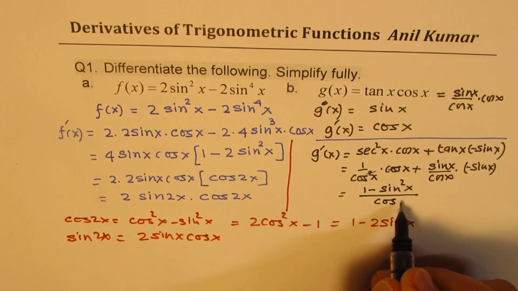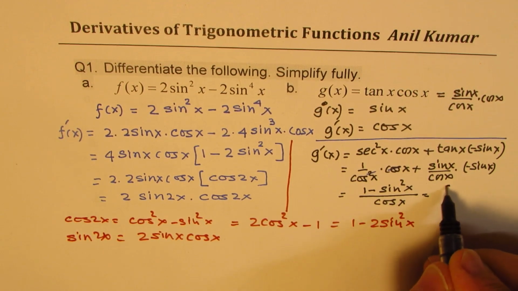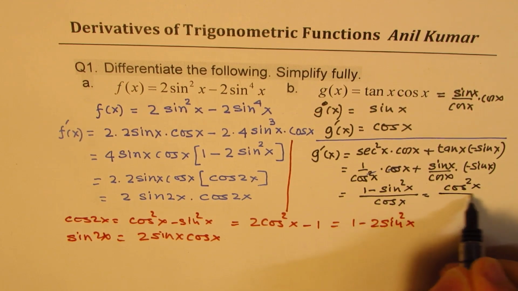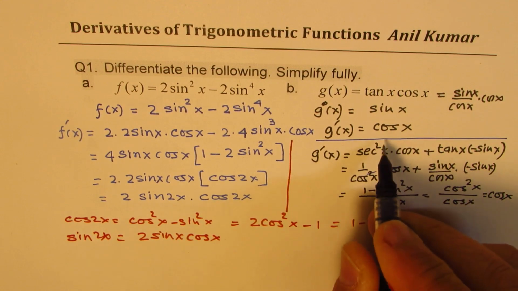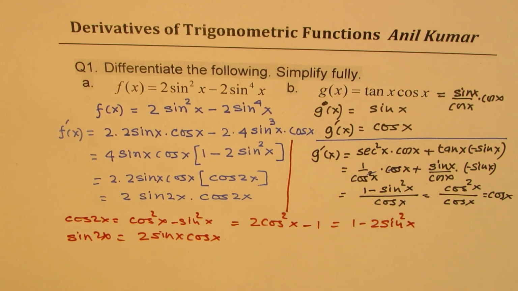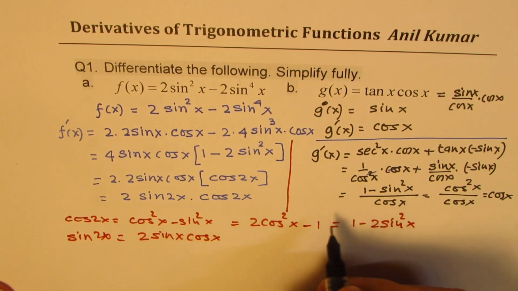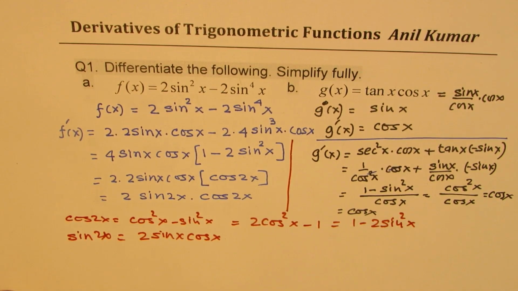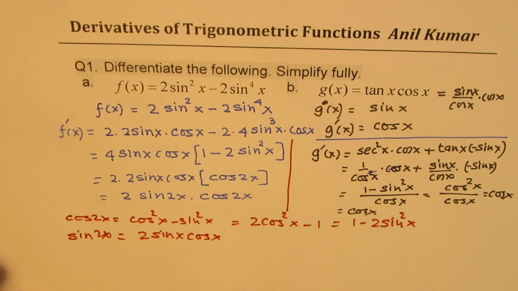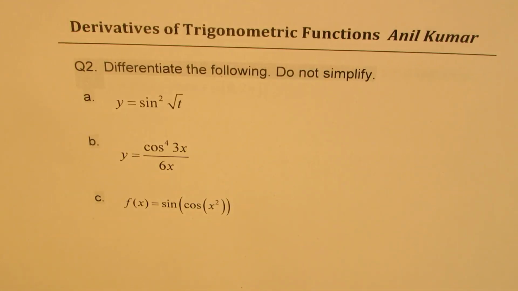Over cos x. Now 1 minus sine square x is cos square x over cos x, and that also gives you cos x. Perfect. So the derivative for this function is cos x. You get the idea. So the key here is to differentiate and simplify. That's what I want to lay more stress on.